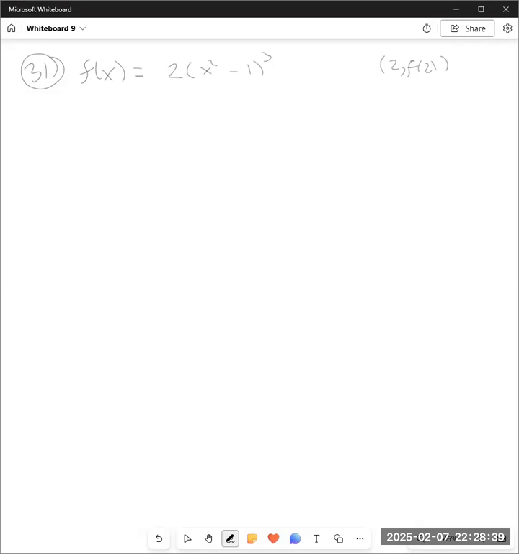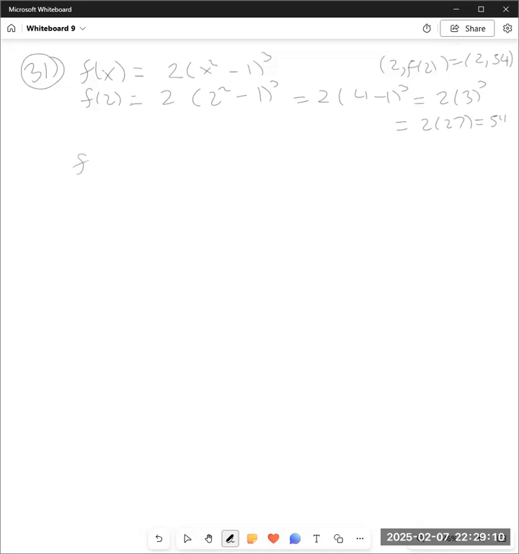Let's do that right now. f of 2 is equal to 2 times (2 squared minus 1) to the third power. It's 2 times (4 minus 1) to the third. It's 2 times 3 to the third. 2 times 27 is 54. So we have the pair (2, 54) here that we're dealing with for later.